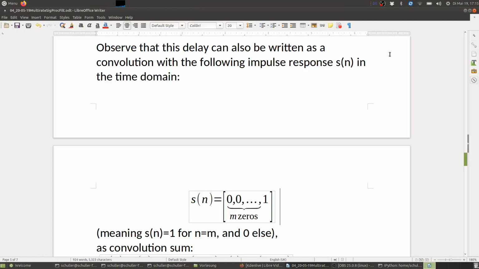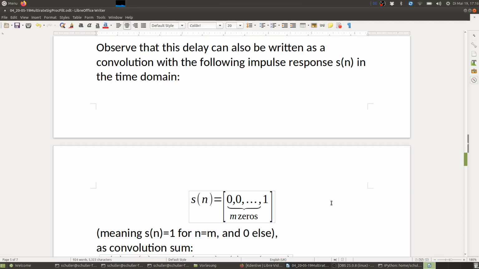Observe that this delay can also be written as a convolution with the following impulse response s of n in the time domain. Here we have an s, and it contains almost all zeros. We have m zeros in the beginning, then a 1, and then it continues with more zeros.